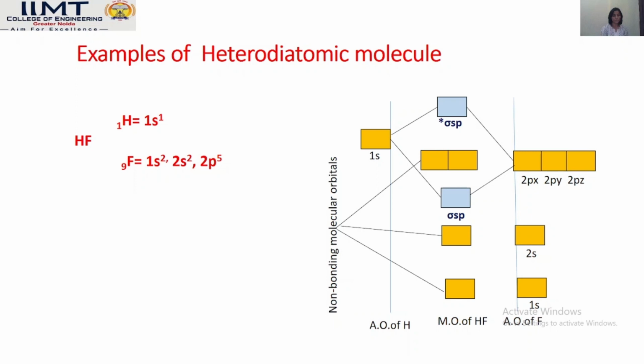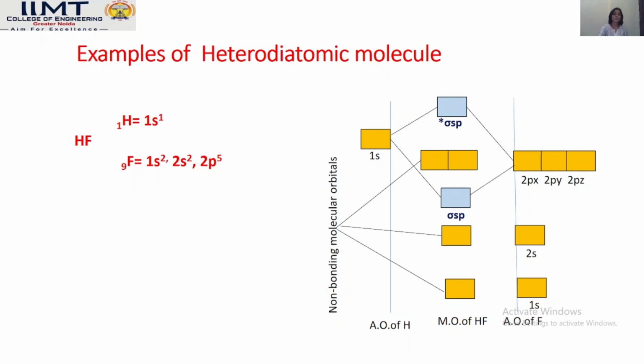So this 2p of fluorine is comparable in energy to the 1s of hydrogen, and in this case the 1s of hydrogen combines with the 2pz of fluorine, resulting in the formation of sigma sp-z and sigma star sp-z orbitals. In this case, 2px and 2py, since they are fully filled, stay in a non-bonding state and 2 electrons are filled in the sigma sp-z orbital.